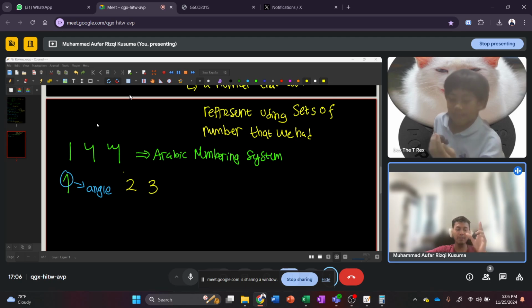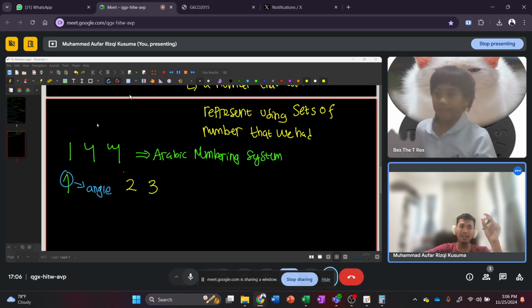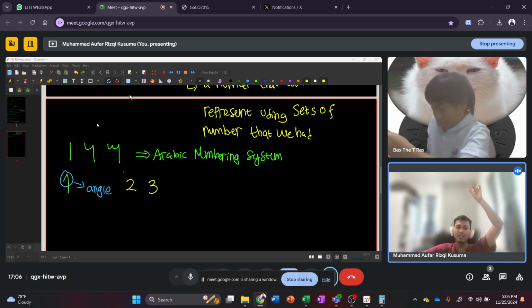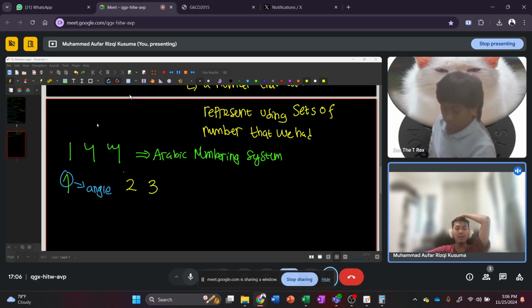Because if you ever see the numerical system of the Egyptian era, they literally drew a tree to represent 100, if I'm not mistaken. So it's quite a complicated numbering system. That's why we use this simpler one, relatively speaking.